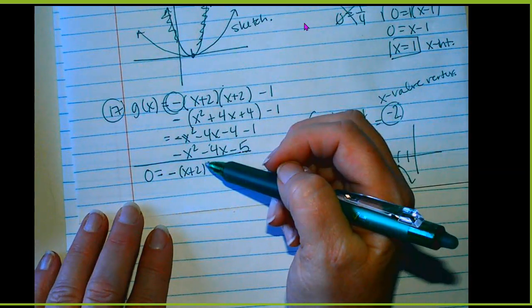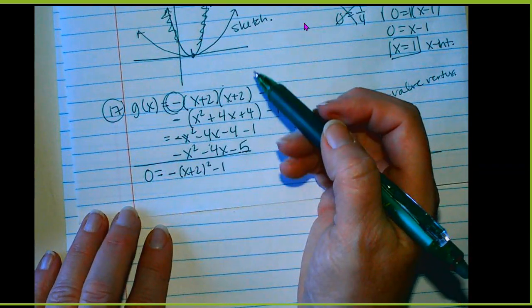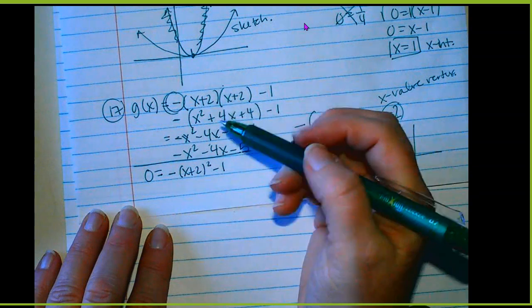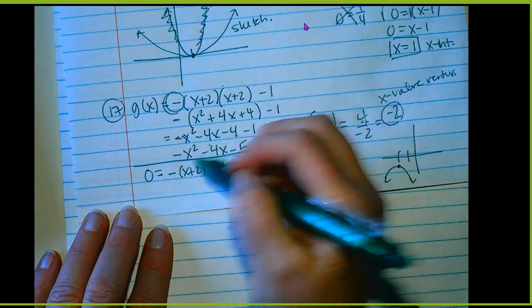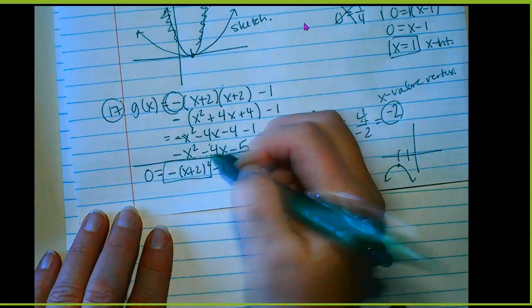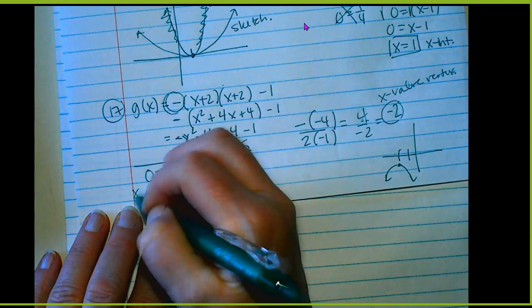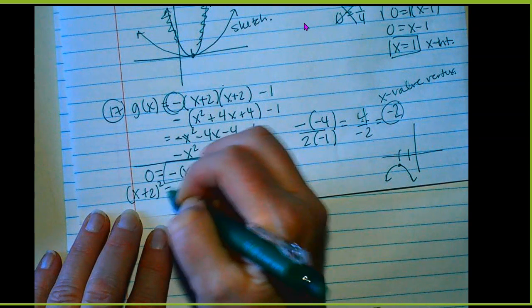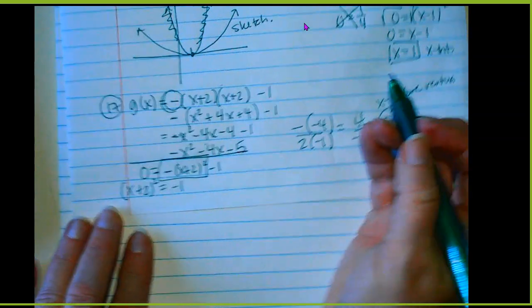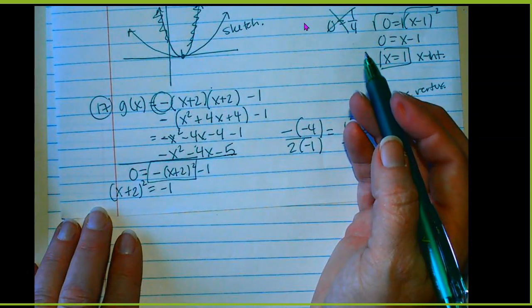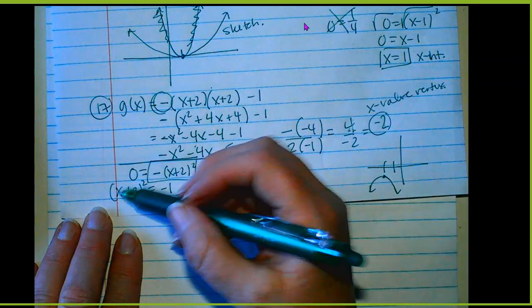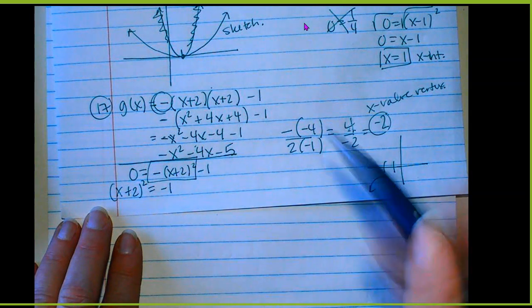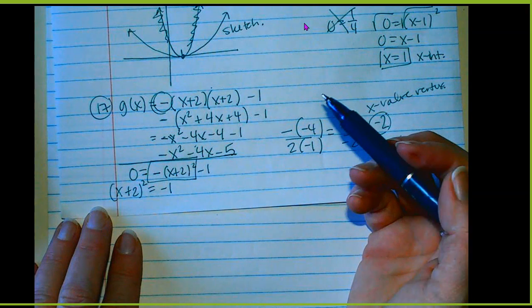If we take one of these and put it on the other side, it would change signs to be positive (x plus 2) squared equals negative 1. So what happens when you need to get the x out? How do you undo the square? Remember, what's the opposite of squaring something?